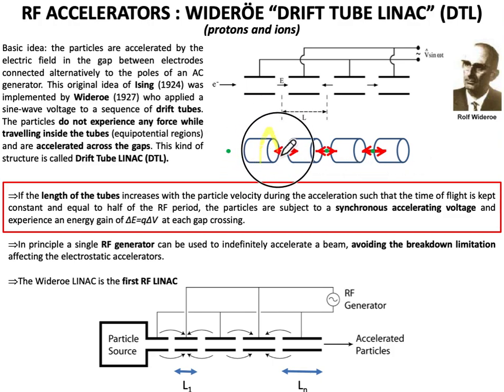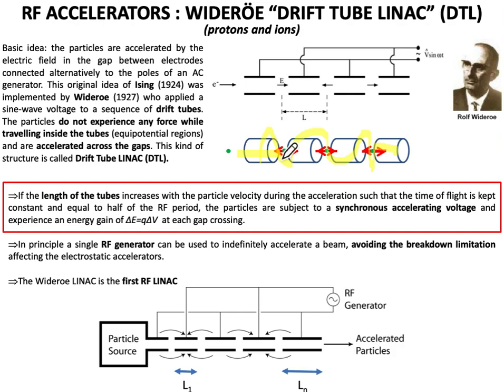Whenever the particles are traveling inside the tube, they do not experience any kind of field, and whenever they cross the gaps they accelerate. That's why we call these drift tube Linac accelerators.